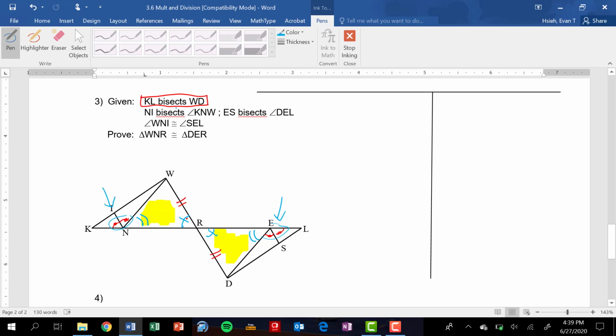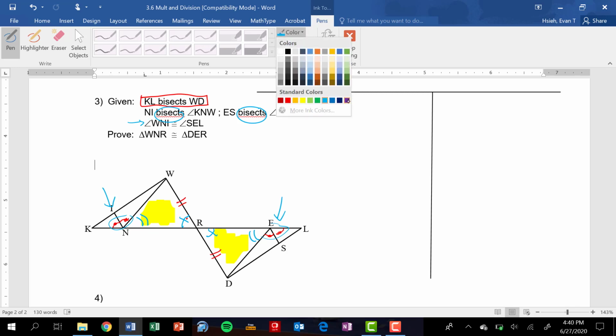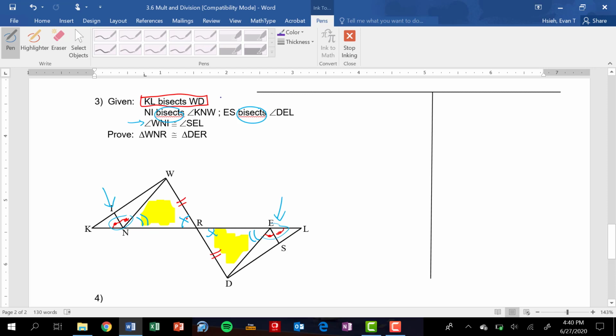because I've got 2 bisect statements and a congruent statement right here. And so I can do multiplication property to get those 2 congruent. So let's write this. Step 1 right there, given. Step 2, I know that WR is congruent to RD. Segment bisector gives me 2 congruent segments.